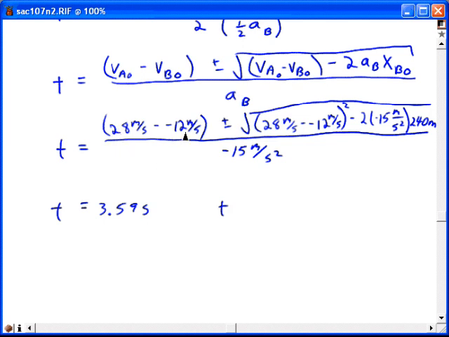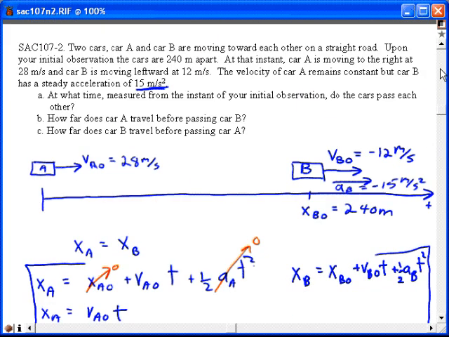All our values were given to 2 sig figs, so 3.6 seconds is my answer to part A. That's what I've been working on so far, part A. And I want to know, how far does car A travel before passing car B?